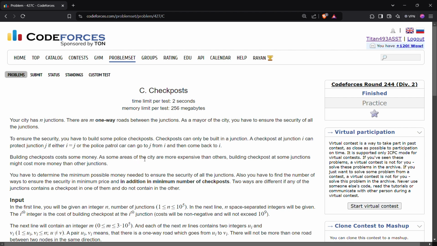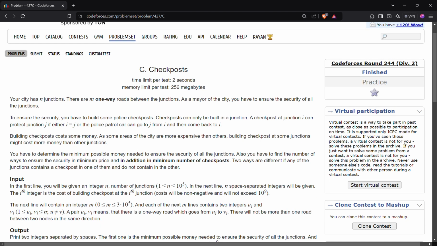As some areas of the city are more expensive than others, building checkposts at some junction might cost more money than the other junction. So we have to determine the minimum possible money needed to ensure the security of all the junctions. Also, we have to find the number of ways to ensure security in minimum price and in addition in the minimum number of checkposts as well.